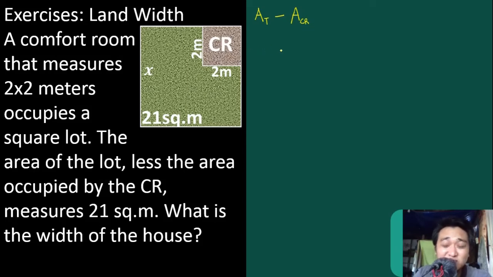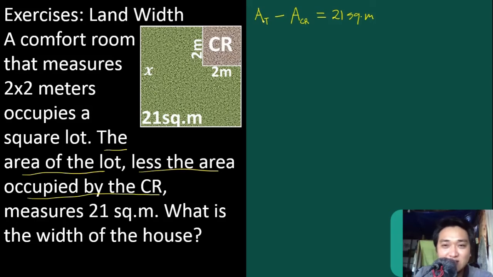Usually, that is the design of homes here in the Philippines, where the CR is outside. So, it is a very common example. So, the total area minus the area occupied by the CR we built is 21 square meters. That is how the problem is stated: the area of the lot less the area occupied by the CR.